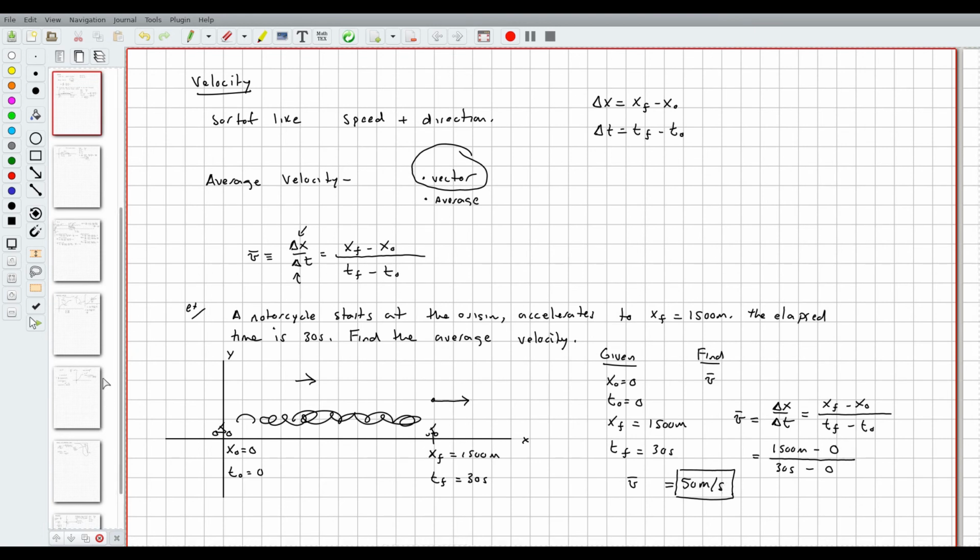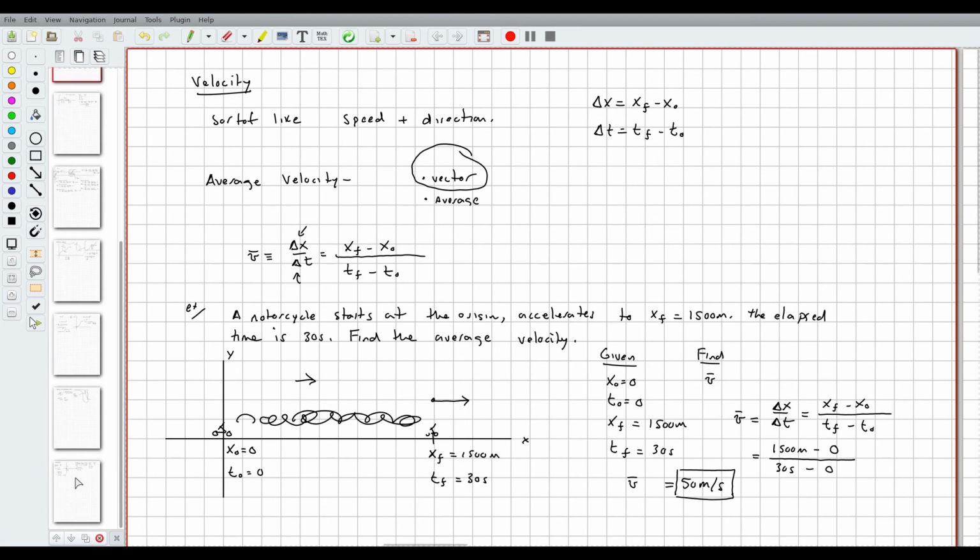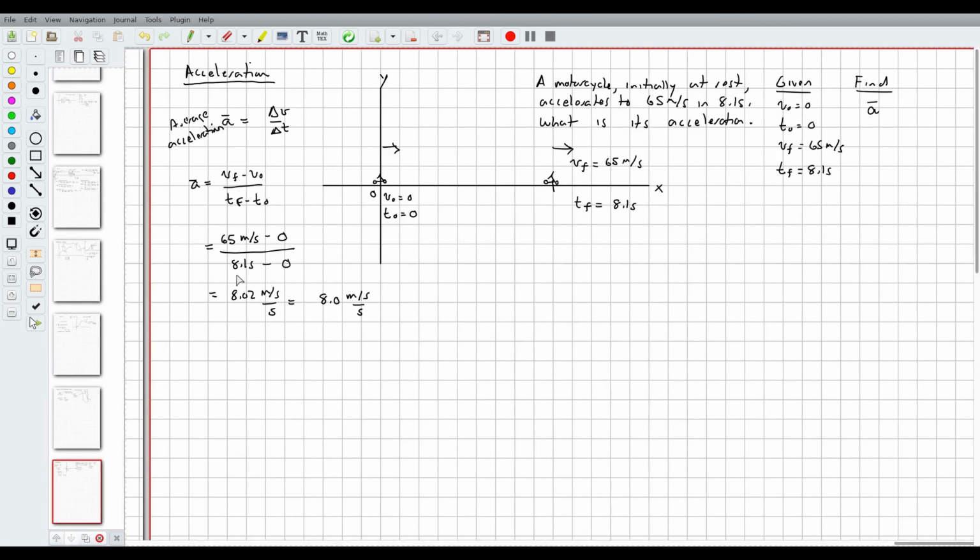So here, the way to think about it is, every second that goes by, your velocity changes by 8.0 meters per second. You start off at rest. 1 second into your journey, you are traveling at 8.0 meters per second. 2 seconds in, and now you're at 16. 3 seconds in, and now you're at 24. 4 seconds in, 32. And so on, and so on, and so on.